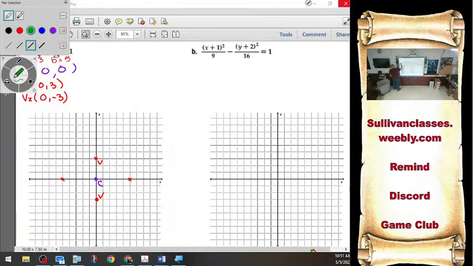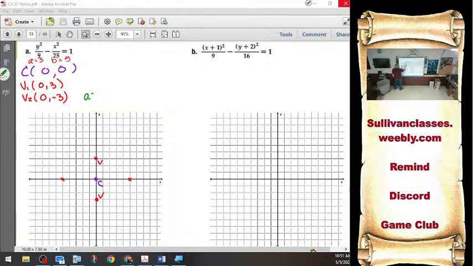Those are your asymptotes. I'm going to rewrite this: y minus y1 is plus or minus slope times x minus x1. I am going to get rid of that because I need to simplify it.